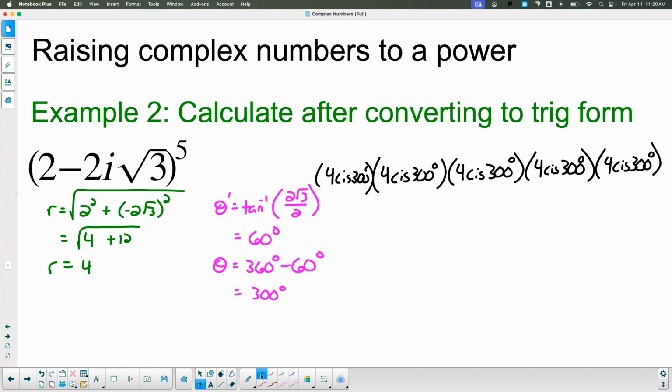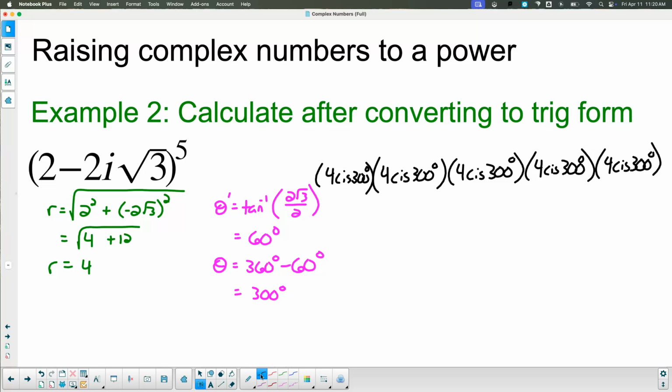How do I multiply complex numbers in trig form? We just did one. We did a bunch yesterday. You add the R's. No, we don't add the R's. You multiply the r's, and then we add the thetas, right?